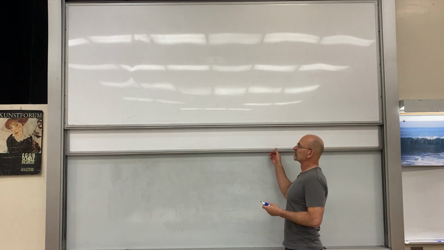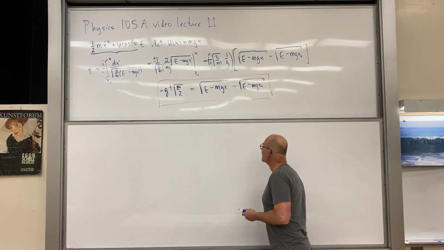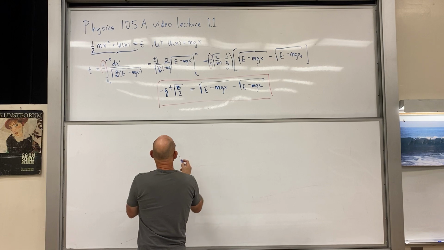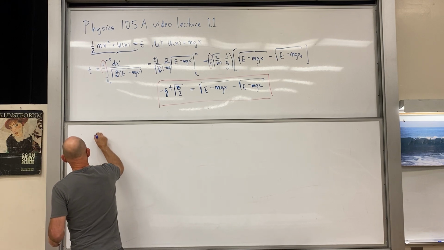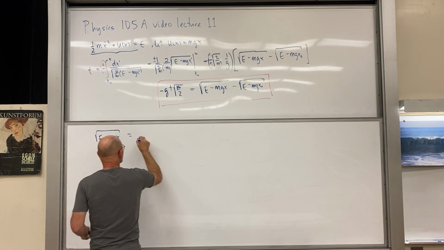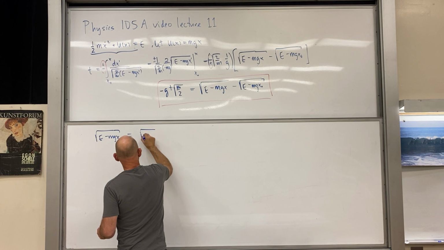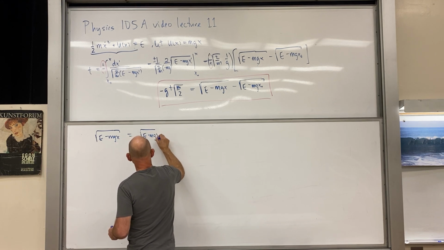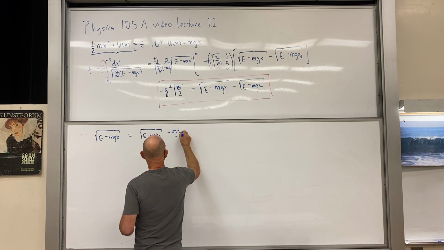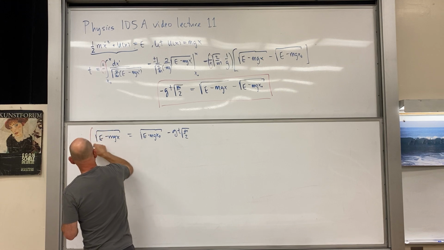Okay, so let's do this. What we're going to write is root e minus mgx equals root e minus mgx naught minus gt root m over 2. And now we're going to square both sides.